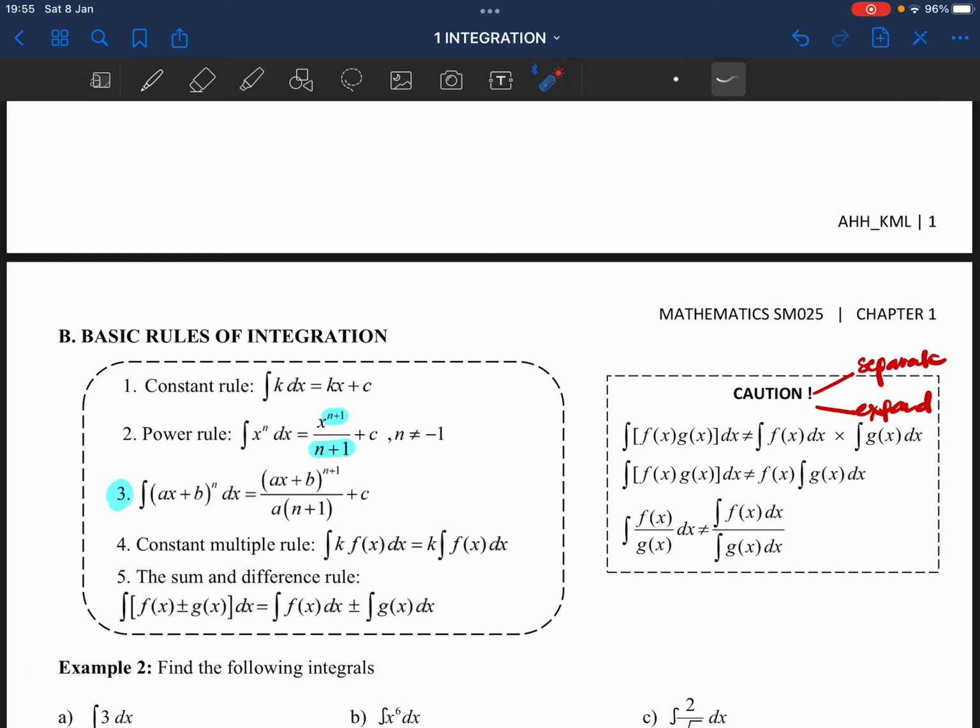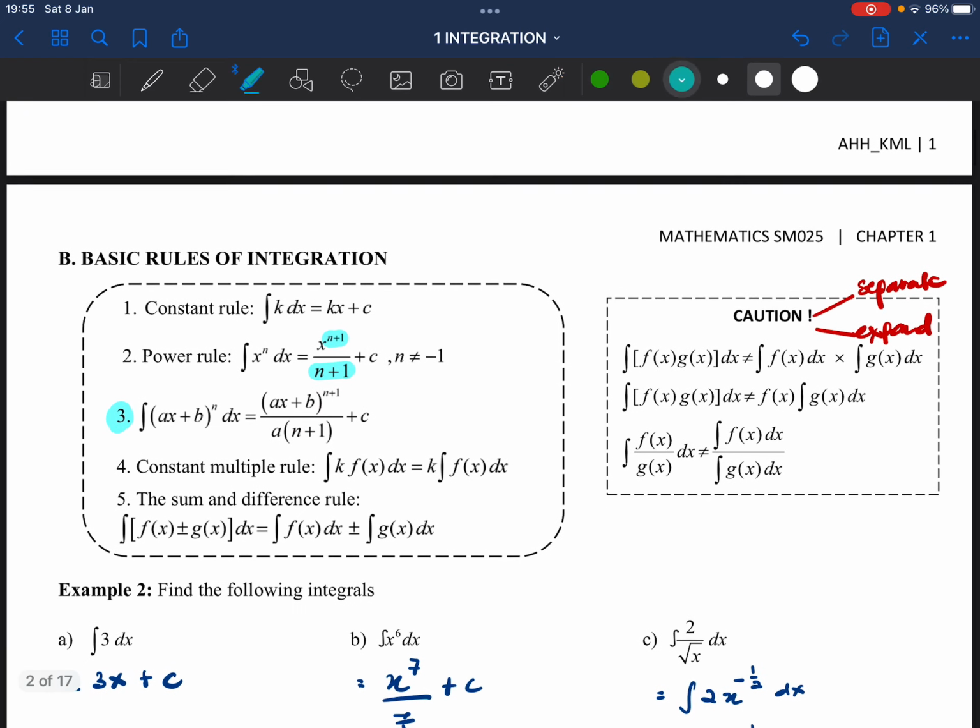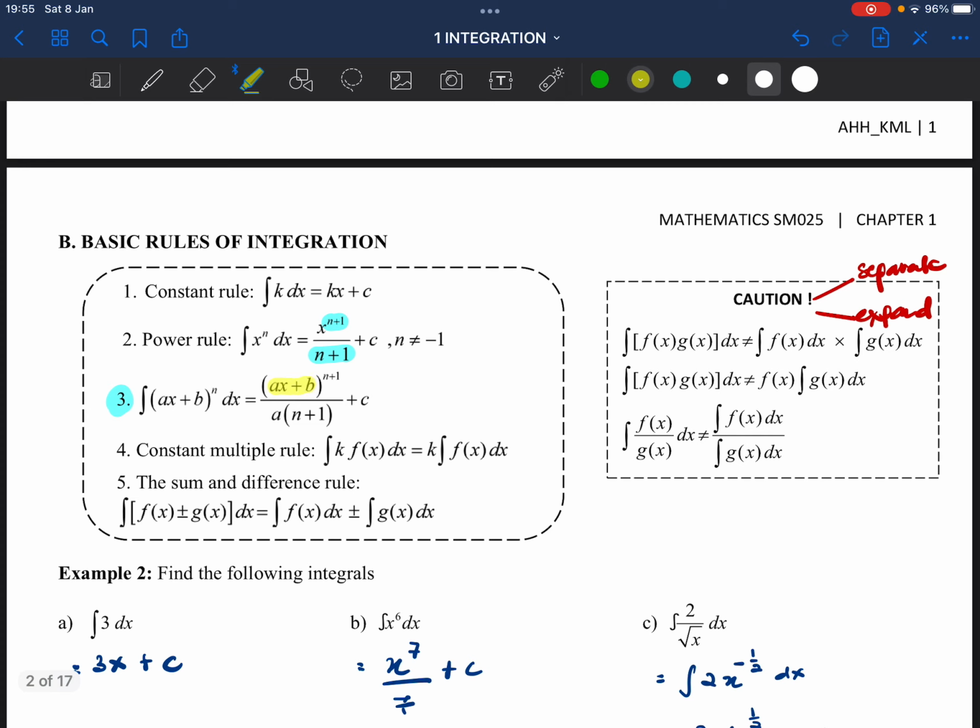It is also the power rule, where we put power plus 1, n plus 1 over n plus 1. But there is something here. What is inside here must be linear. It must be linear, then you can use the power rule. Only if this thing here is linear, only then can you use the power rule.